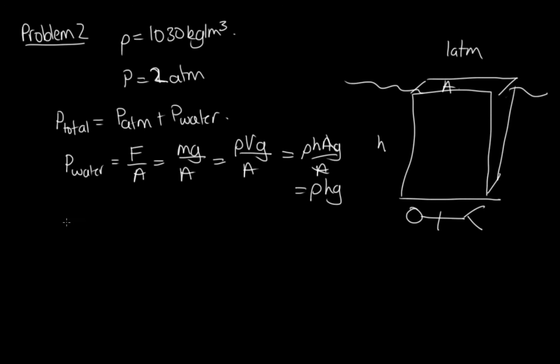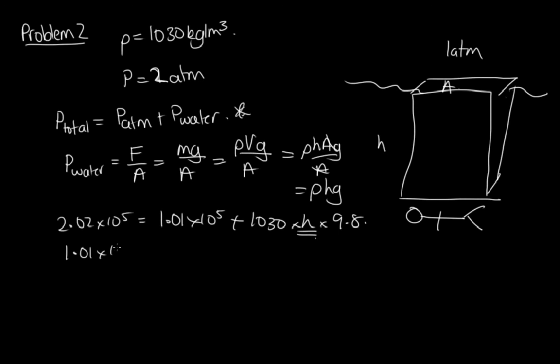So we know that 2 atmospheres, which is 2.02 times 10 to the 5, is equal to 1 atmosphere, 1.01 times 10 to the 5, plus rho h g, which is 1030 times h times 9.8. Now we need to rearrange to find h. So we can subtract, and we've got 1.01 times 10 to the 5 is equal to 1030 times 9.8 times h.